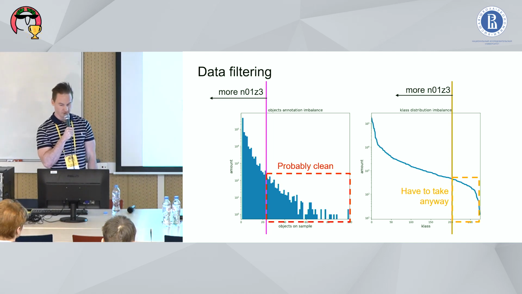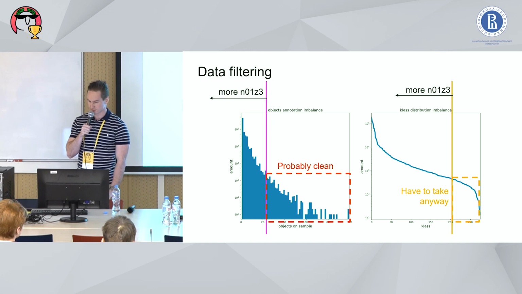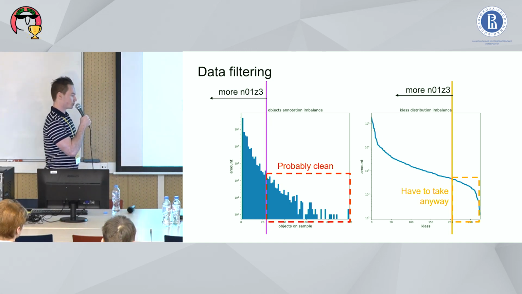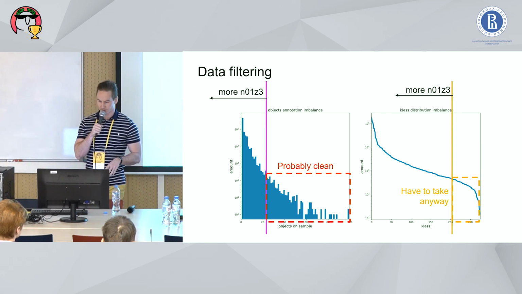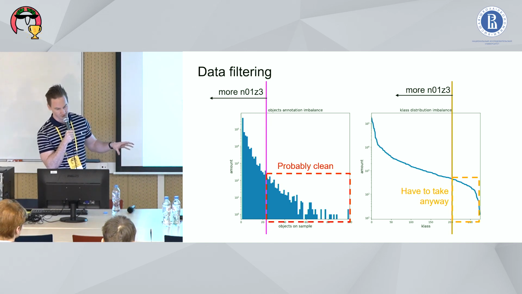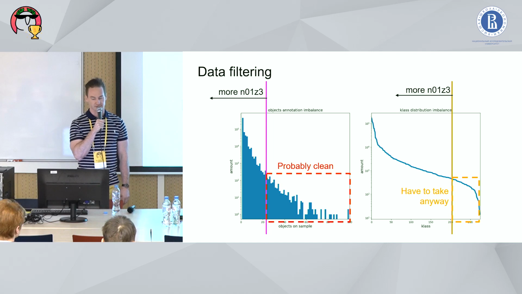But at the same time you have imbalanced classes. So despite the missing annotation, you really need to take all of the samples of very poorly represented classes in the dataset. In the first approach, I just took the intersection of these two areas on the plot and trained the first model on the very clean annotation.